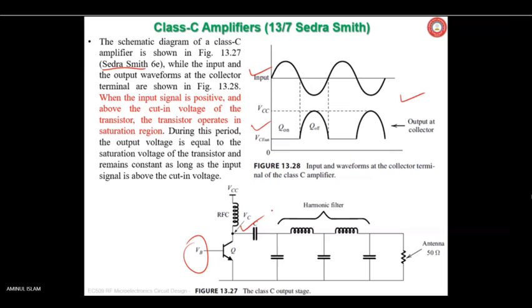When the input signal is positive and above the cut-in voltage of the transistor, it operates in saturation, where the value is around 0.2 volt. During this period, the output voltage is equal to the saturation voltage of the transistor and remains constant as long as the input signal is above the cut-in voltage, that is V gamma.